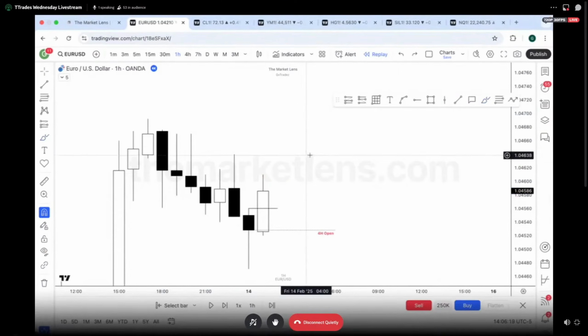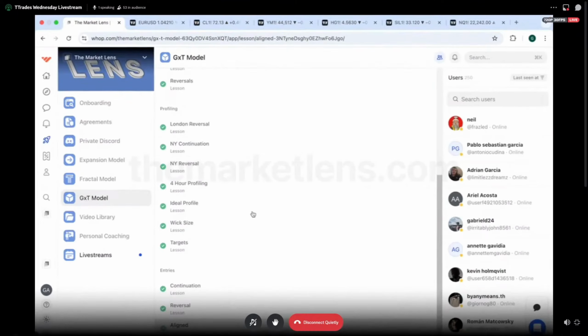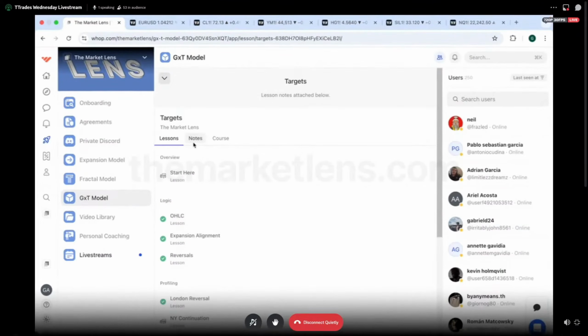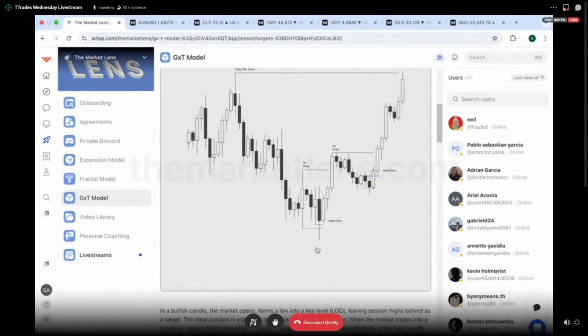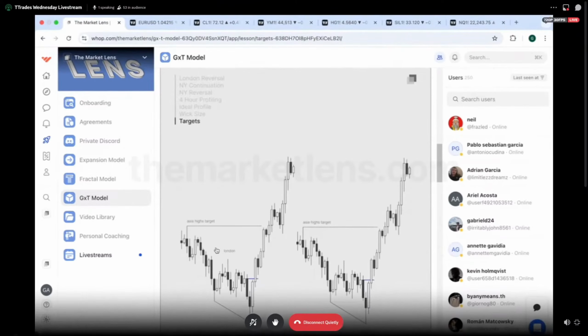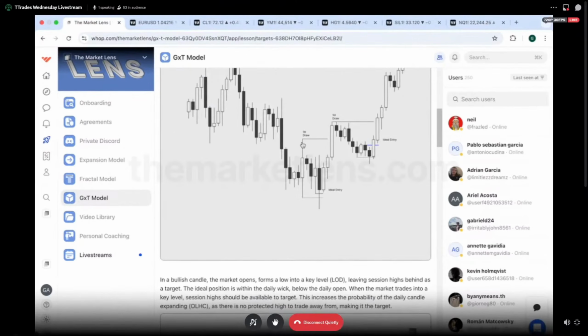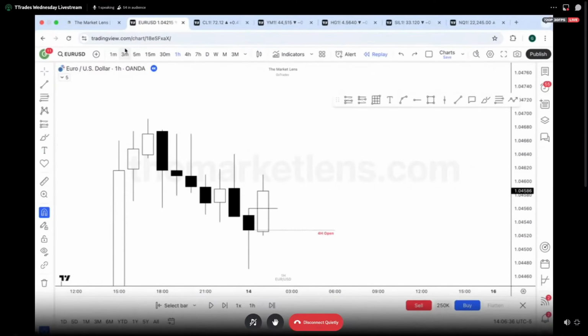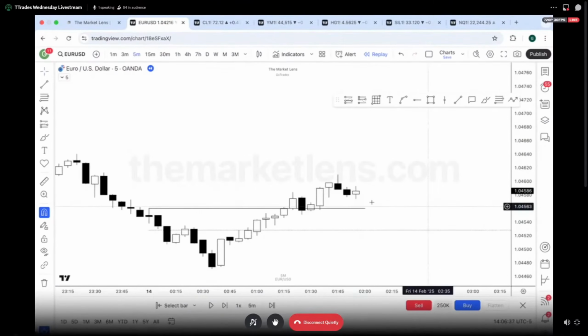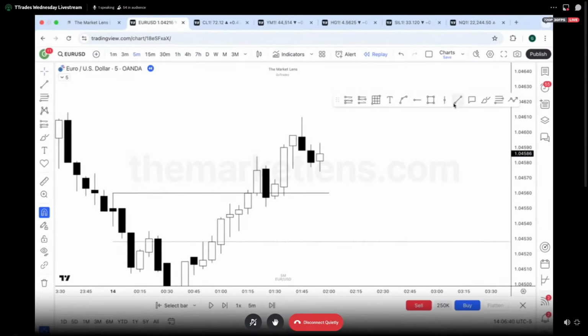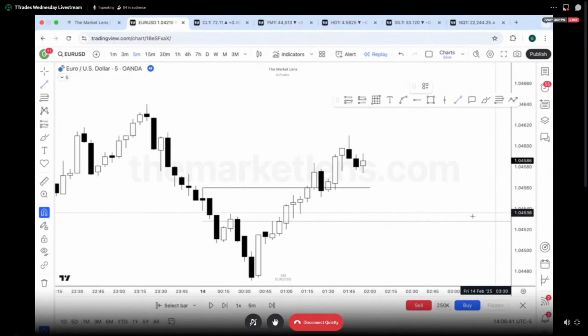And again, we want to get in before these highs. What is this? If I go back to the course, go to targets, this is intra candle targets, and we're ideally getting into the market before these draws are met. If I play price here, we just draw out the fractal model here.